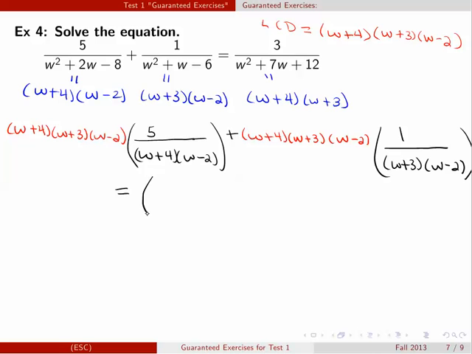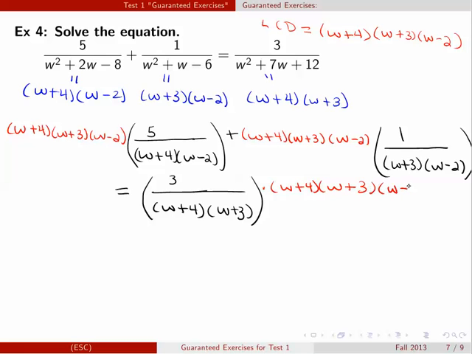My fraction is 3 divided by w plus 4 times w plus 3. Okay, and we need to multiply by the LCD.